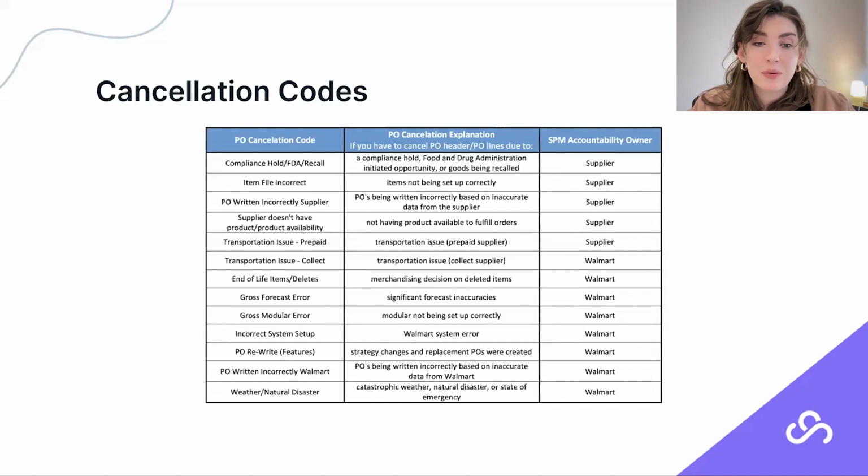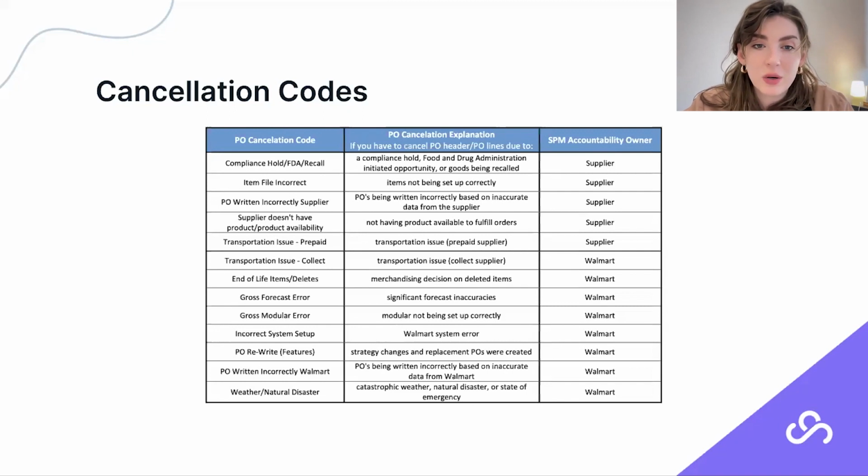But if there is a particular issue, you want to call it out sooner rather than later, even if you are getting a hint of something not being completely fulfilled. You can go ahead and edit that PO, and it's always better to under promise and over deliver with your merchant team, especially if you think you're going to have an in-stock issue.